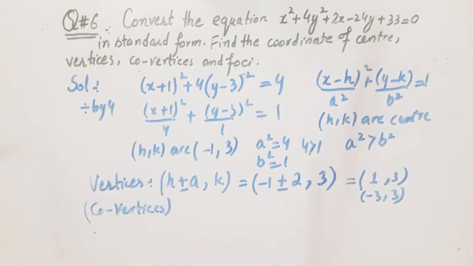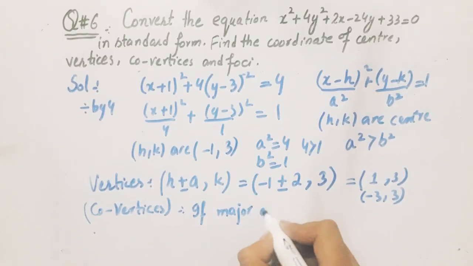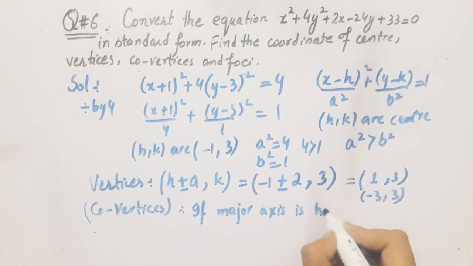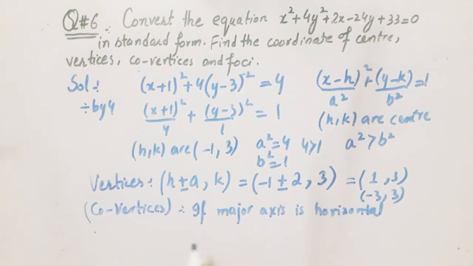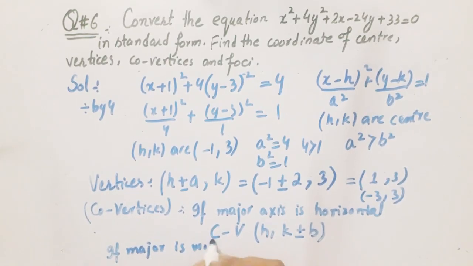So co-vertices, you should remember that if your major axis is horizontal, your co-vertices will be equal to (h, k plus minus b), and if the major axis is vertical, then your co-vertices will be (h plus minus b, k).